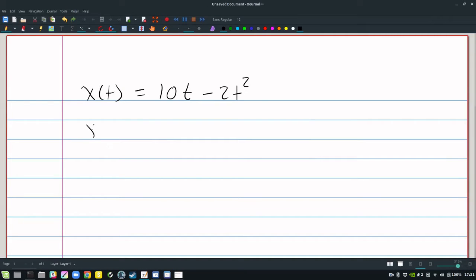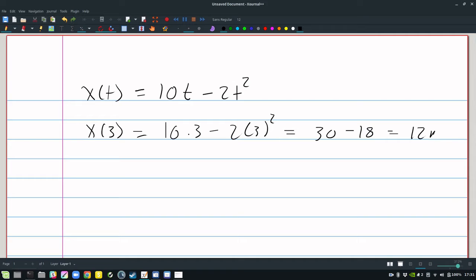And so first of all, where is the object when time is equal to 3 seconds? So that's 10 times 3 minus 2 times 3 squared. That's going to be 30 minus 18 meters. And so we get 12 meters for the position of the object at 3 seconds.